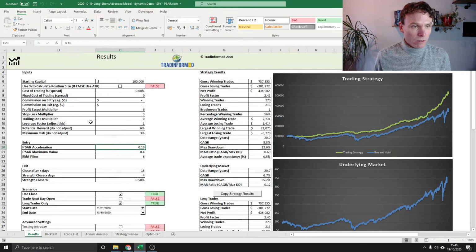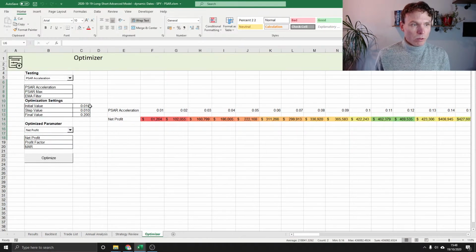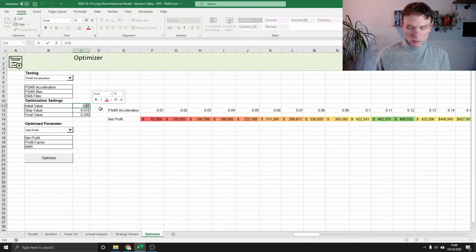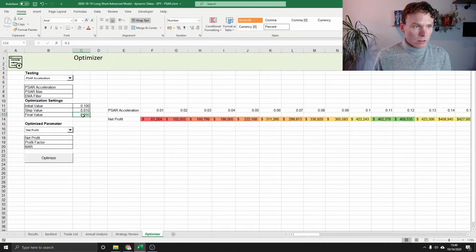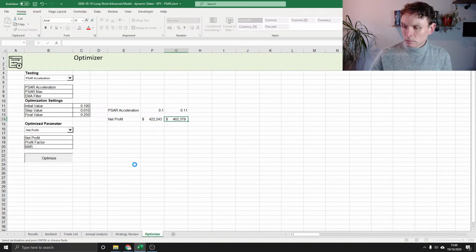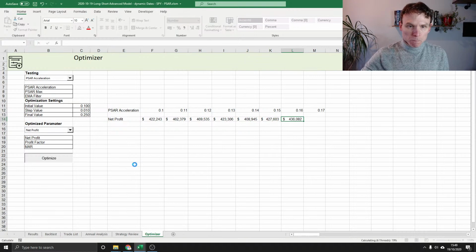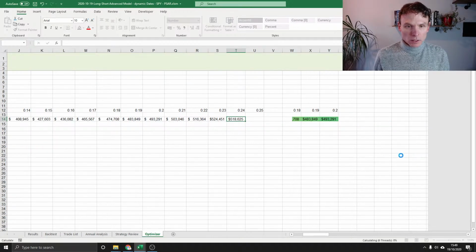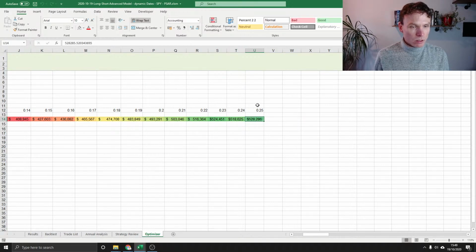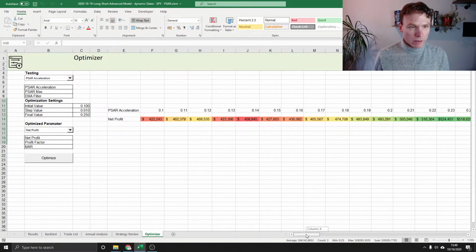So it's pretty fair. Now let's go to the optimizer. If I was to do from 0.1 up to 0.25, and as we guessed, in fact, the best result we've had so far is actually above there, which is interesting.